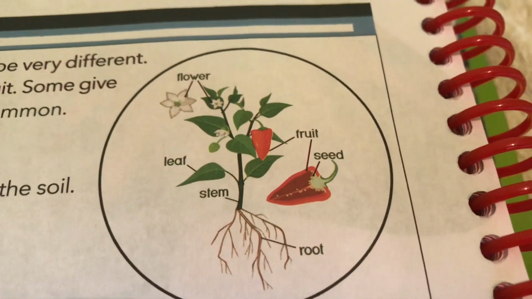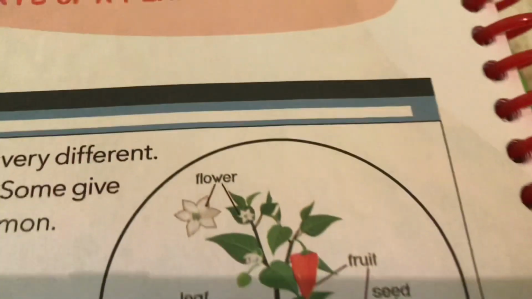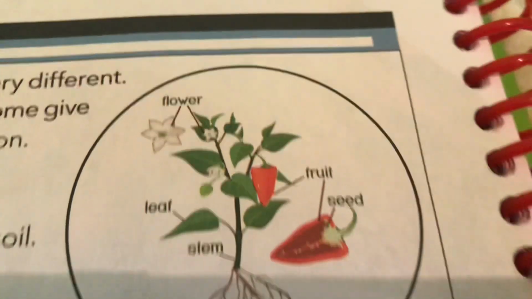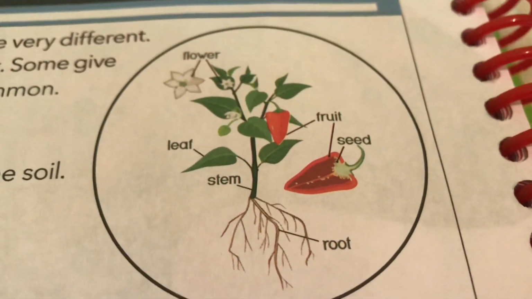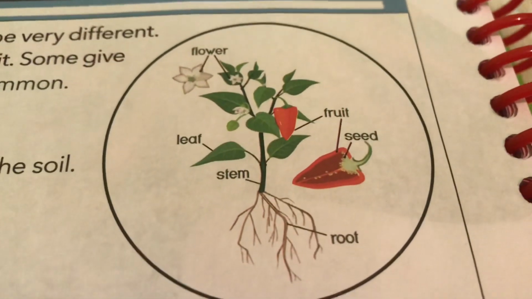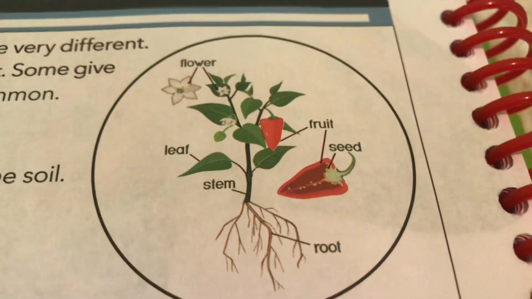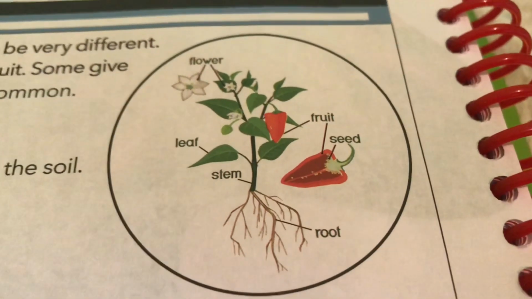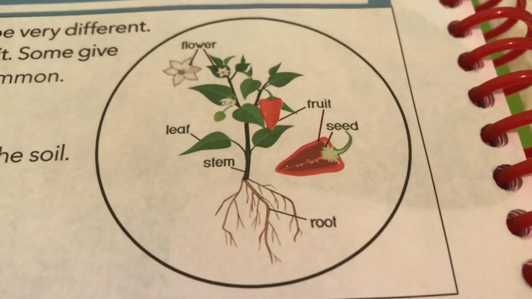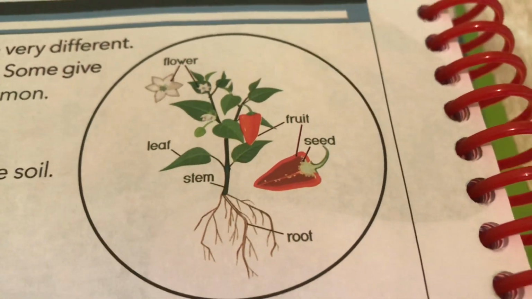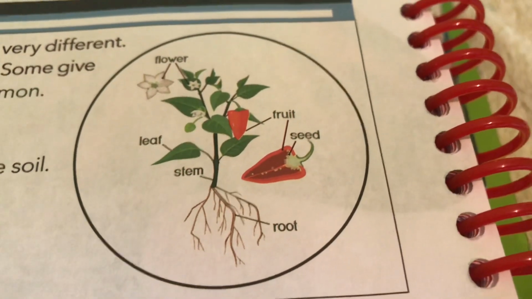We have the flower, fruit, seed, leaf, and root. Those are the parts of the plants. Let's read once again.